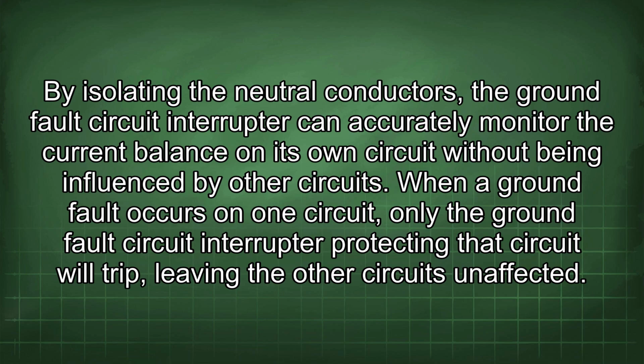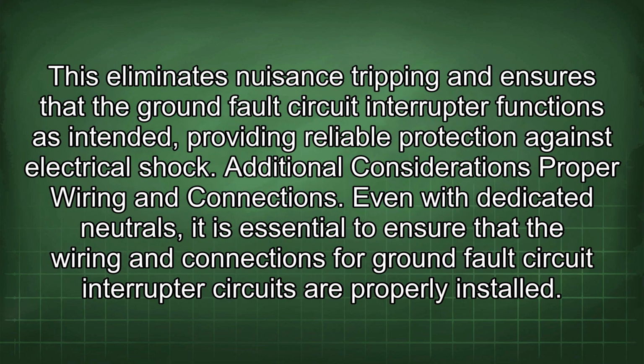When a ground fault occurs on one circuit, only the ground fault circuit interrupter protecting that circuit will trip, leaving the other circuits unaffected. This eliminates nuisance tripping and ensures that the ground fault circuit interrupter functions as intended, providing reliable protection against electrical shock.